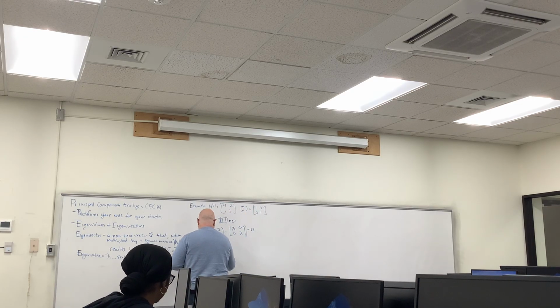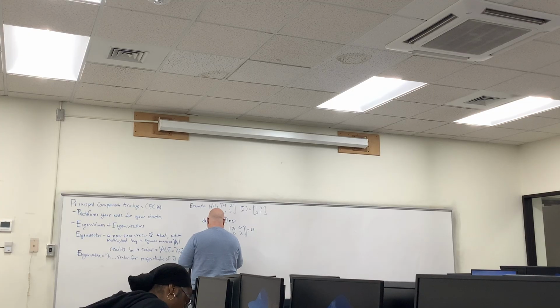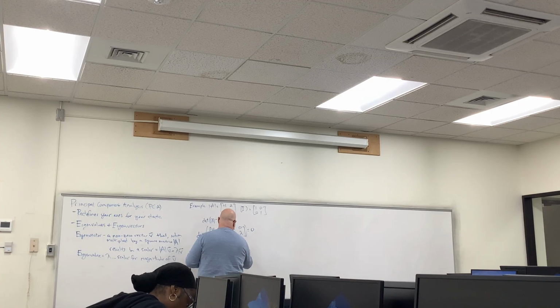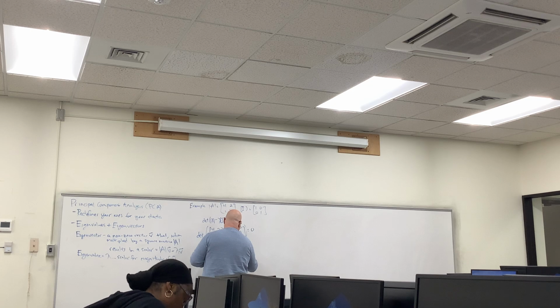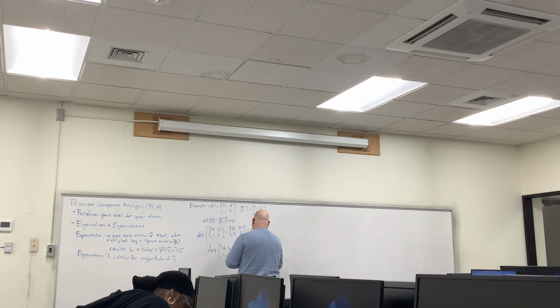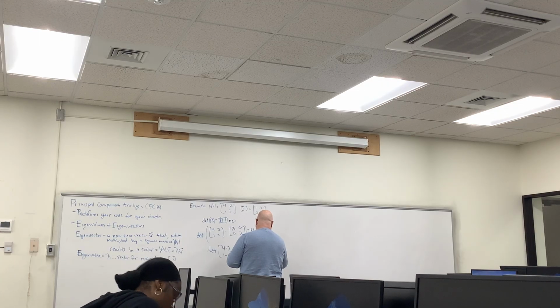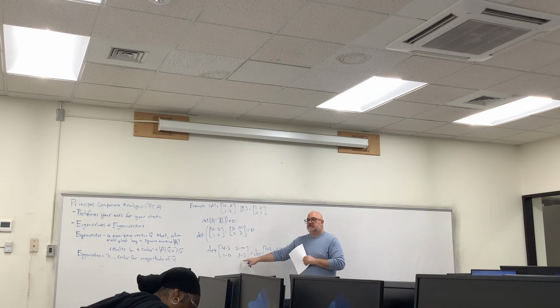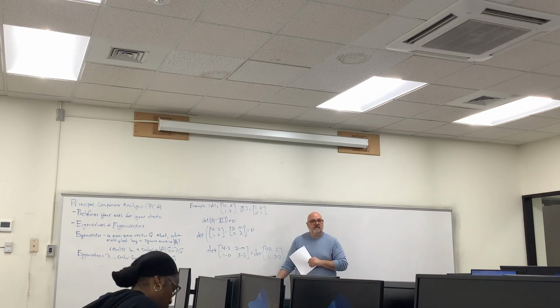So it becomes the determinant of 4 minus lambda, 2 minus 0, 1 minus 0, 3 minus lambda, which equals the determinant of 4 minus lambda, 2, 1, 3 minus lambda. So what ends up happening is you just subtract lambda from your diagonal.